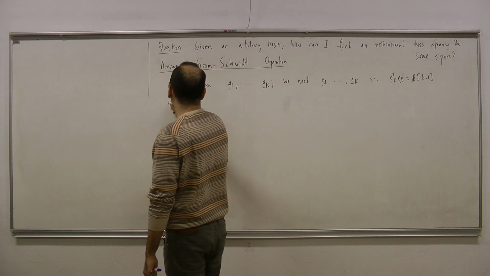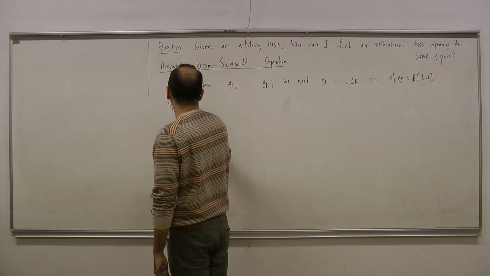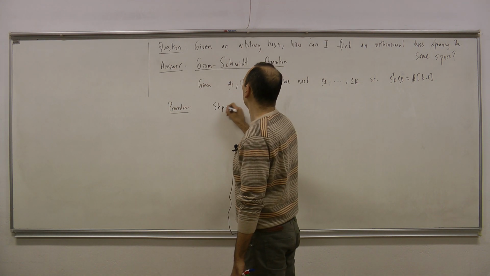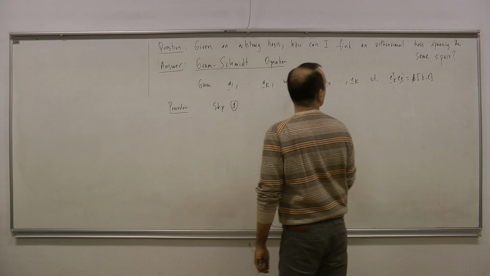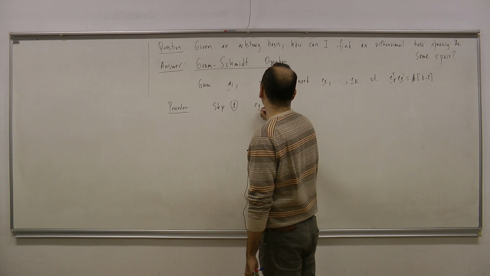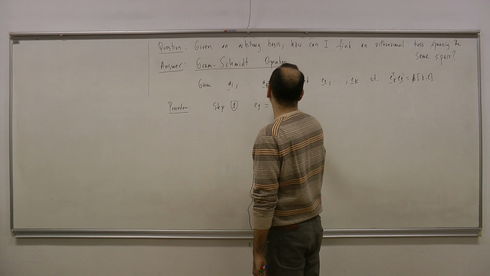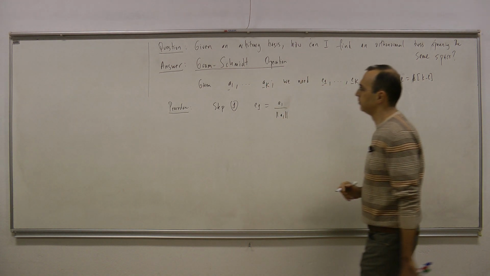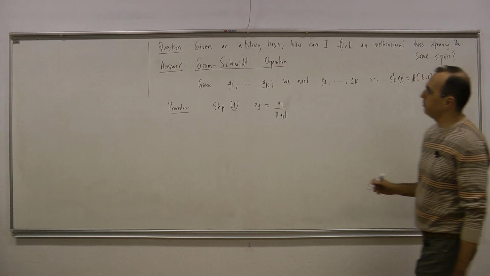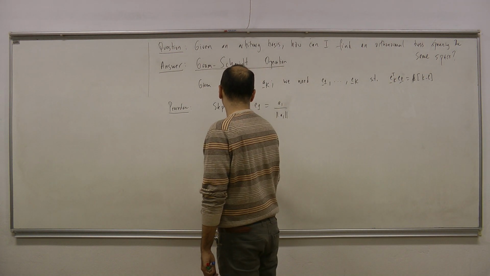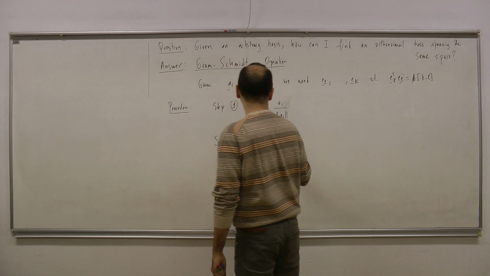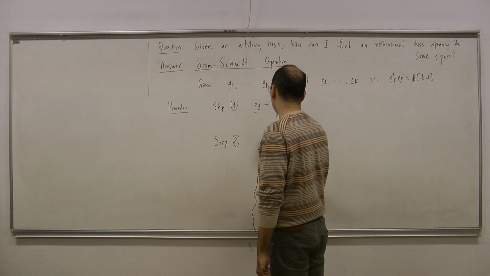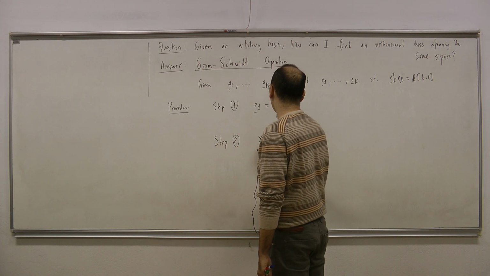So here's the procedure. I'll write the procedure, and then later on we will think about it. Step 1. So E1 is equal to A1 divided by A1 norm. Step number 2. Let's say an x vector.